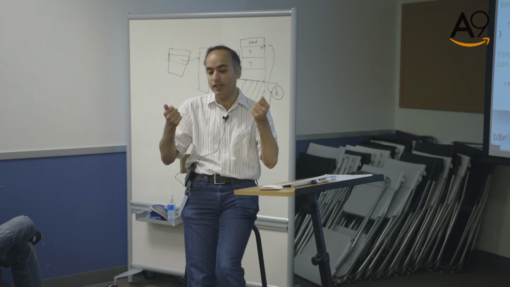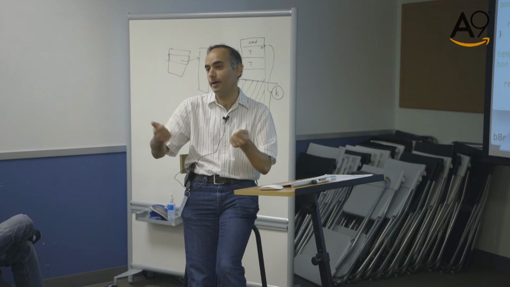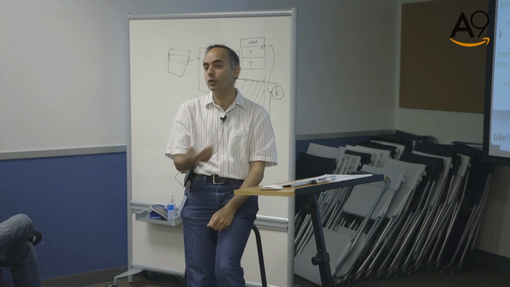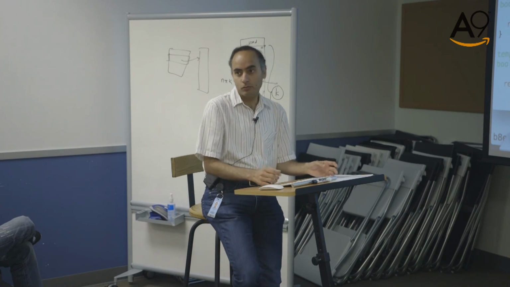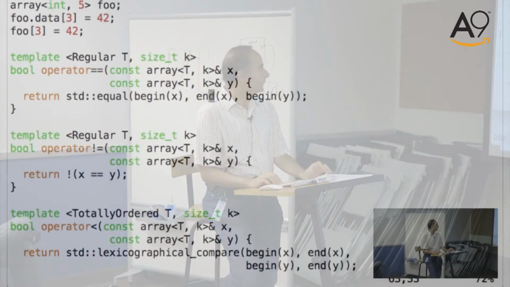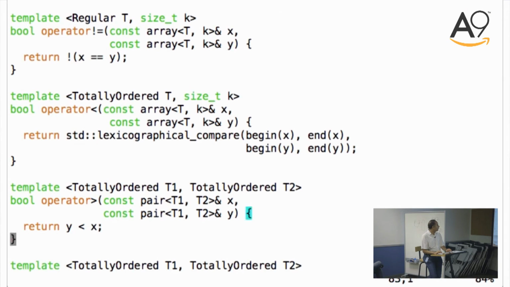Those could be linked lists. You may not be able to tell what the length is. They may not be random access. So that's why you need both versions of the library function. But yes, if you want to implement equality here, it would just be not equal. Okay, I need to fix up the signatures here. So we'll do that quickly.